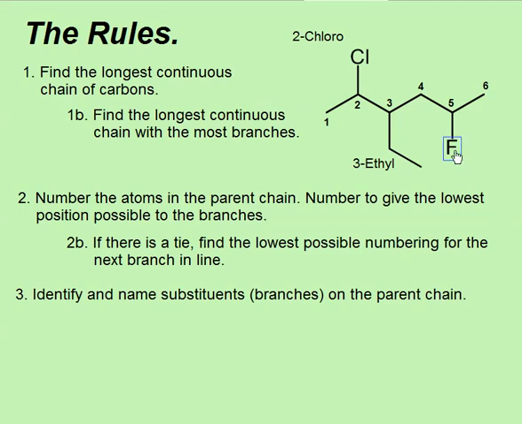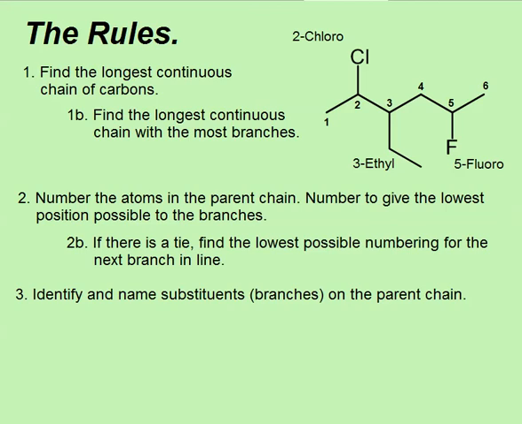The last branch, which is the fluorine, just as we did with the chlorine, that fluorine is changed to fluoro as a branch in the molecule. So these name changes to the ends of the element or the alkane substituent tell us which elements and atoms are main chain, the parent chain, and which are considered branches on the molecule.